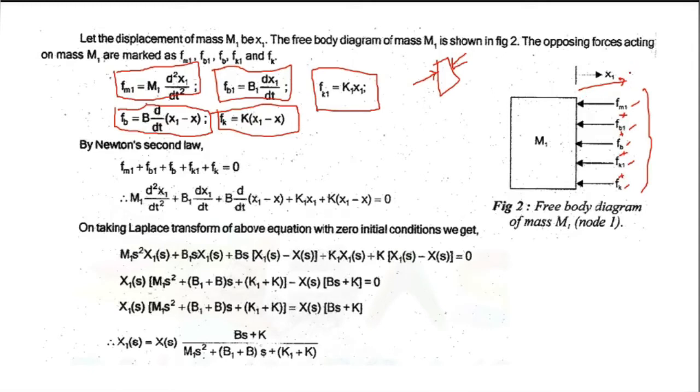There is no force in the opposite direction. So this is 0. So the force balance equation is Fm1 plus Fb1 plus Fb plus Fk1 plus Fk equal to 0. This is the force balance equation.